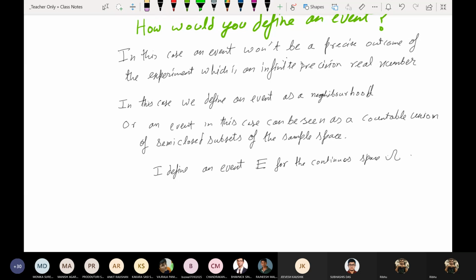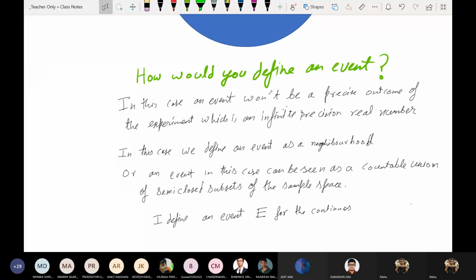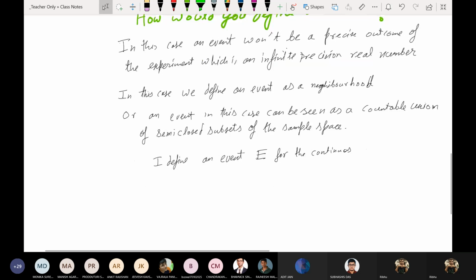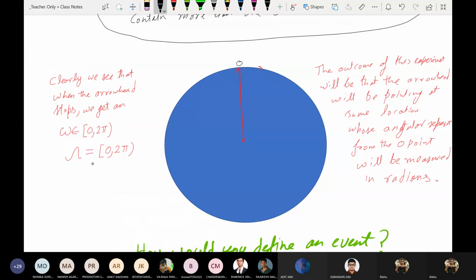So what's the issue in taking a completely closed subset, say 0 to pi, both sides closed? I'll come to that again. Wait about 5 minutes. Okay. The first thing that you can see in this specific case is that even our sample space is a semi-closed set. That might give you a hint.